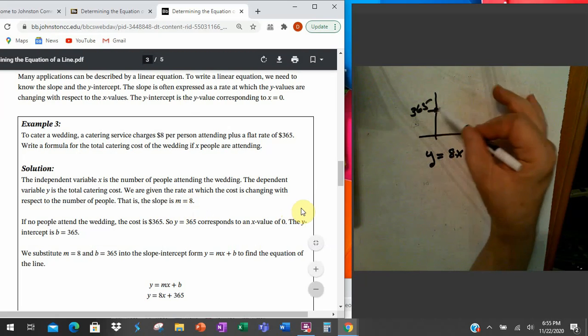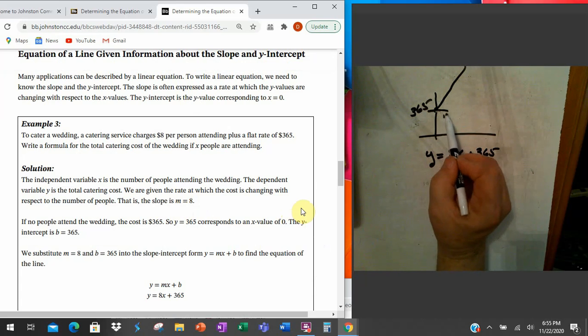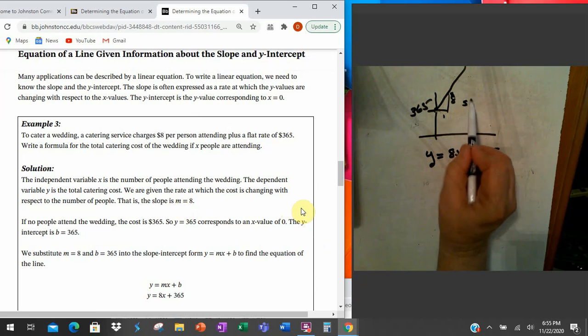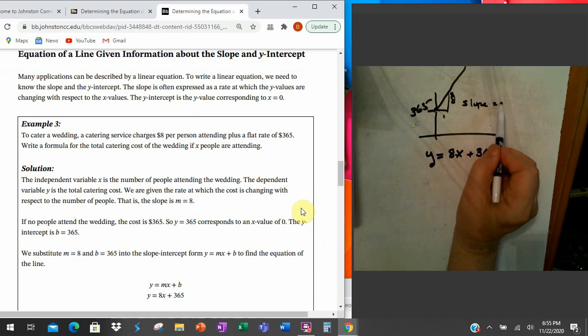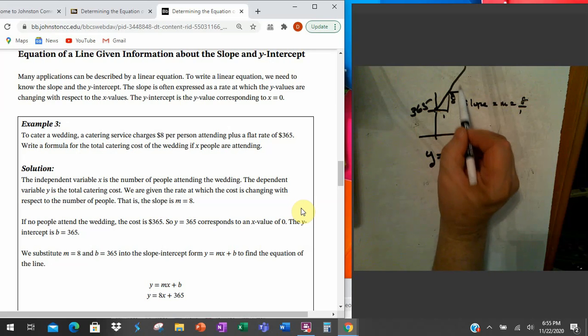So this would kind of go up like this. If I took one step over, one person, I add $8, so my slope m is 8 over 1. For every one, I go up 8. For 2, for another person, another 8.